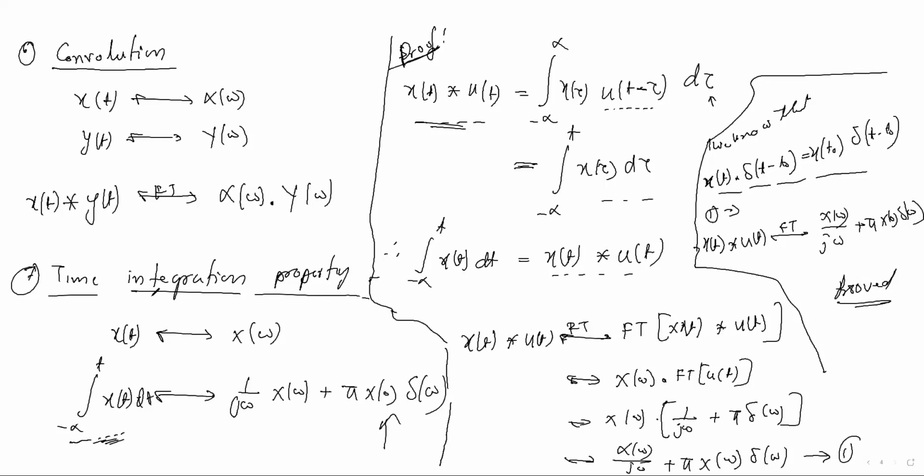Have you taken the notes? To prove this property, you should know that the integration from minus infinity to t of x of t dt can be written as x of t star u of t. I have shown this in these two steps. You should also know by plot how it comes to exist, from minus infinity to t only.